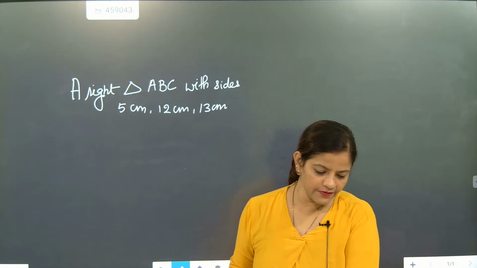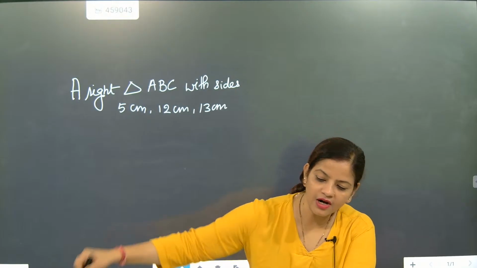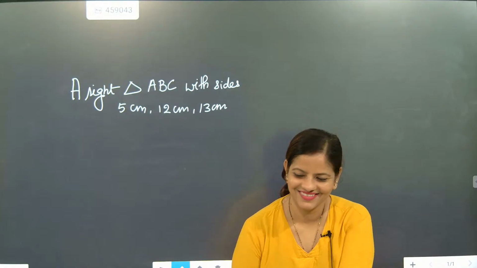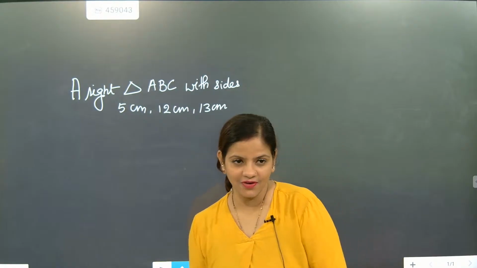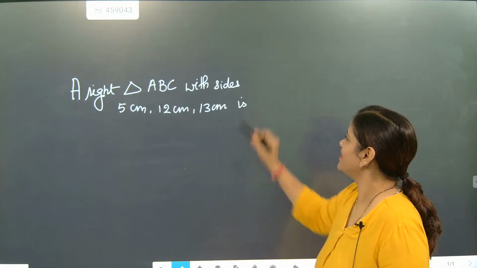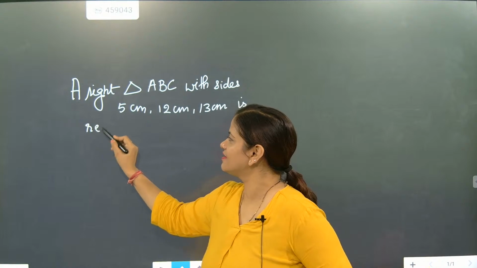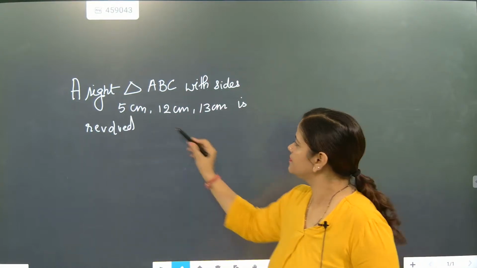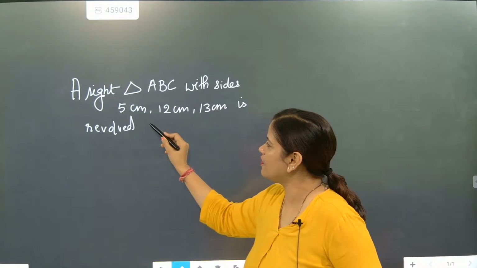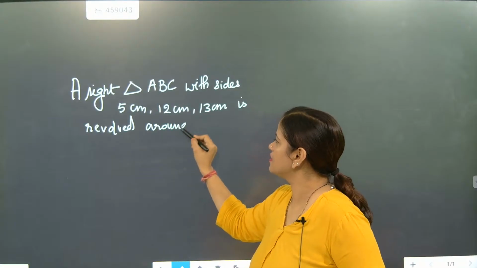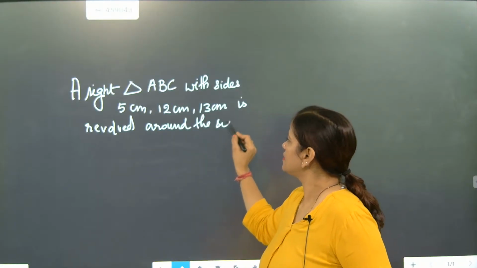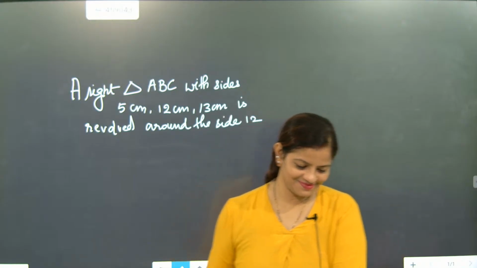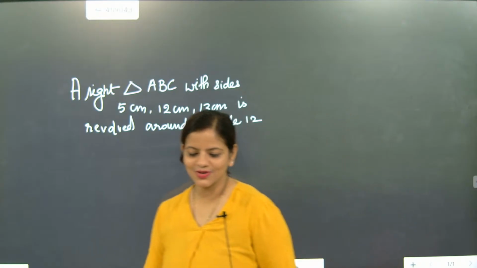This is exactly given to you. It is revolved around the side 12. Find the volume of the solid.